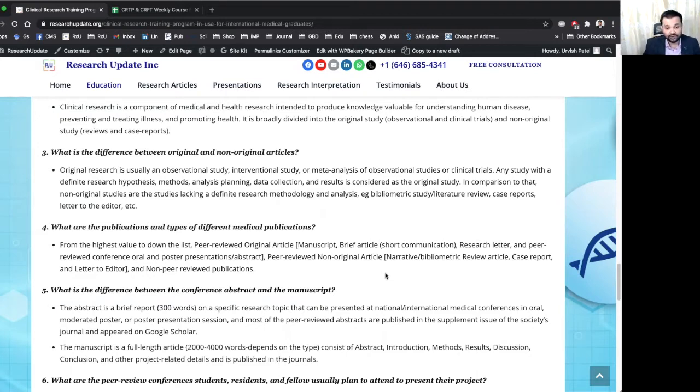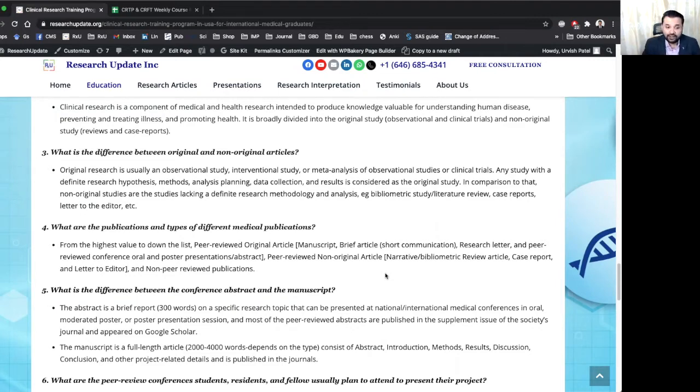That will definitely go on your CV in the peer-reviewed publication section, but it is a small part of a full-length article, which we call a manuscript. A manuscript is a 2,000 to 4,000 word article, which consists of a small abstract plus introduction, detailed method, result, discussion, conclusion, and tables and figures.